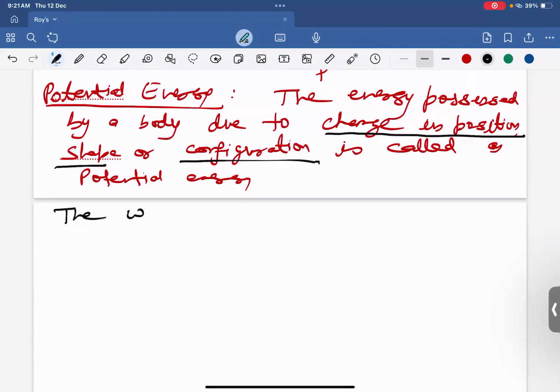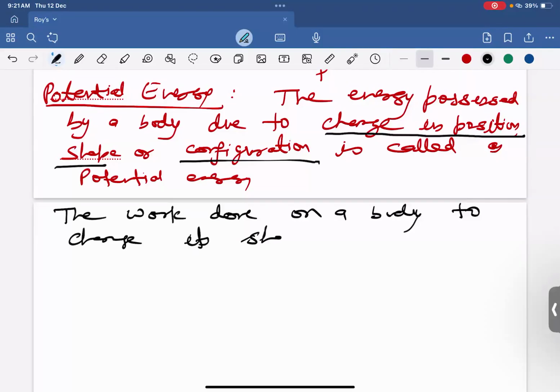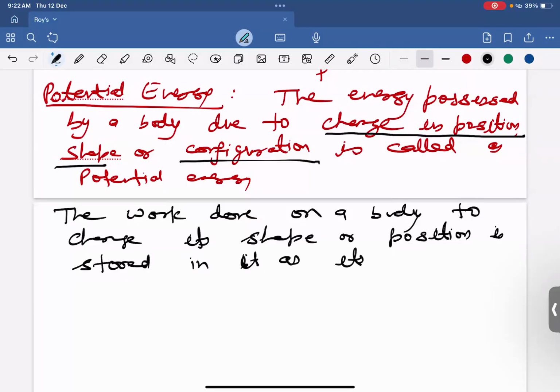So we can say that the work done on a body to change its shape or position is basically stored in the body as its potential energy. You understood how potential energy is generated?